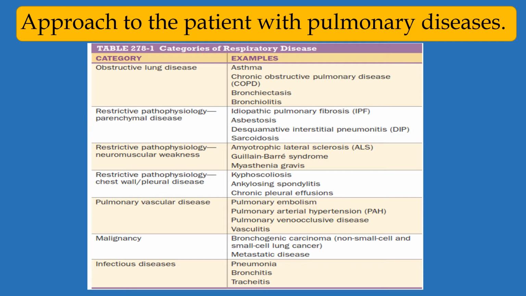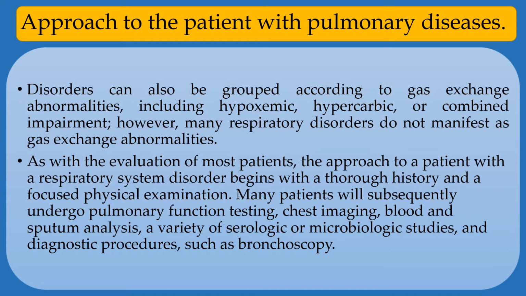And lastly, infectious diseases: pneumonia, bronchitis, and tracheitis. Disorders can also be grouped according to gas exchange abnormalities, including hypoxemic, hypercarbic, or combined impairments. However, many respiratory disorders do not manifest as gas exchange abnormalities.